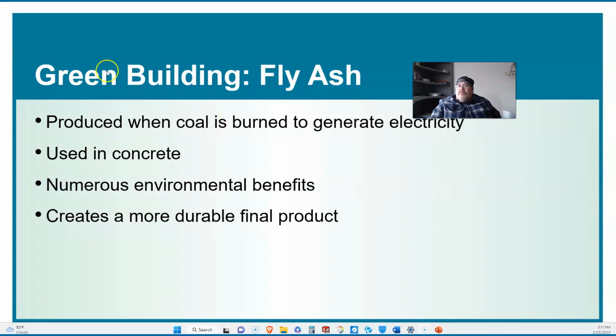So when you're able to do that, that's green building, right? Taking some material that would normally not have any value or be considered a waste gets used in a product, and it's good to the environment because you're taking a waste and putting it to use.